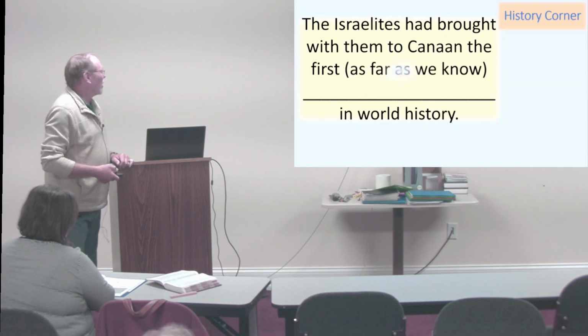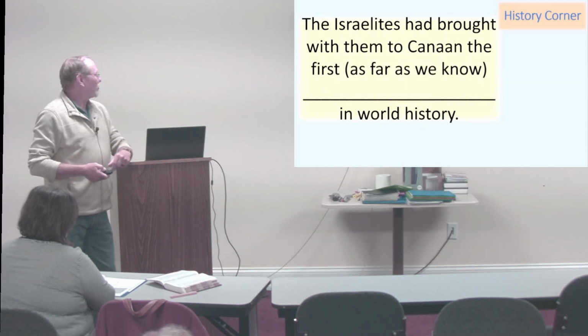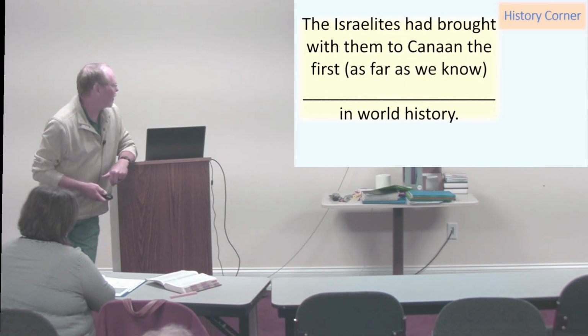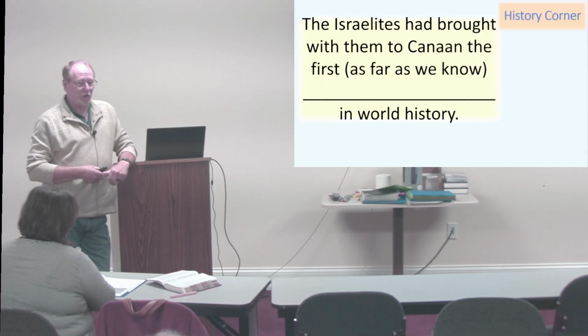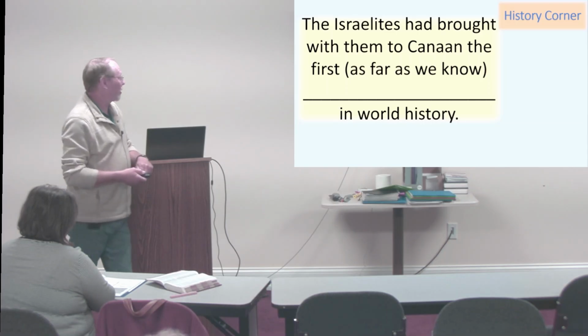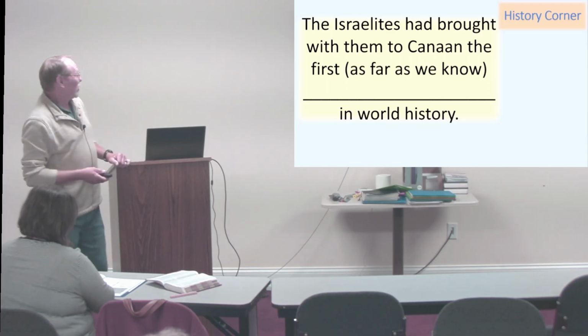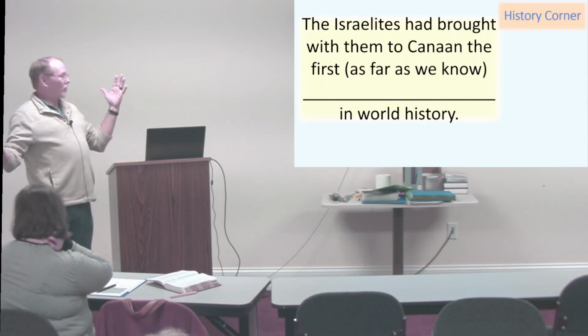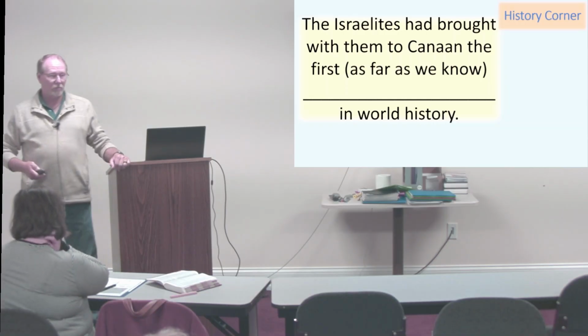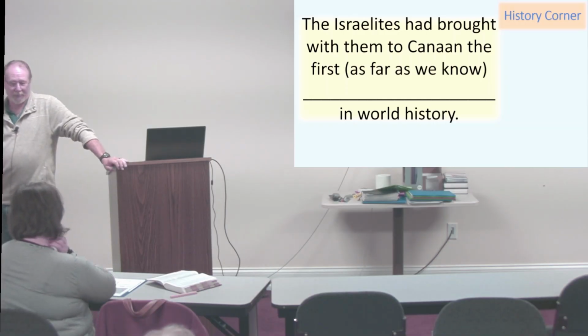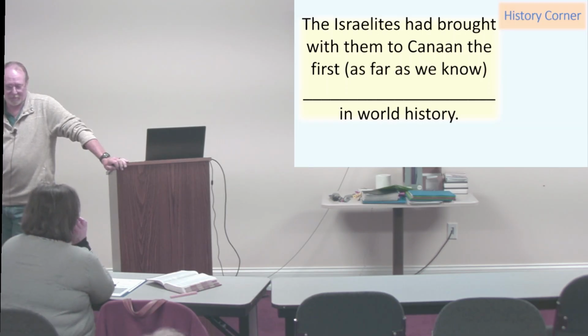History Corner. The Israelites had brought with them to Canaan the first, as far as we know it, in world history. What did the Israelites bring to Canaan? It was the first in world history that we know. It wasn't iron. It wasn't alphabet.